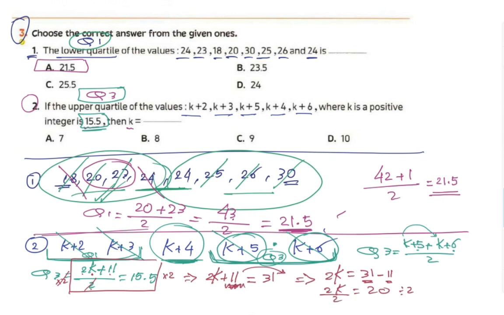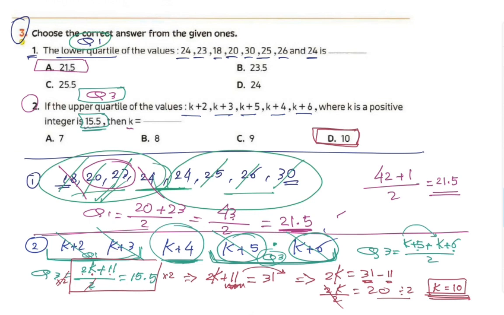Here 2 by 2 equals 1, and 20 by 2 equals 10. So K equals 10. Now I will choose 10.